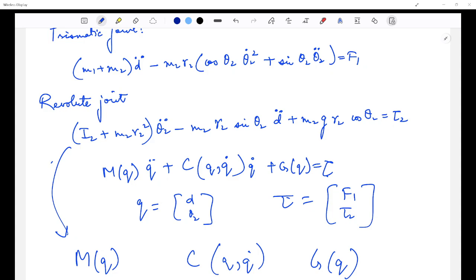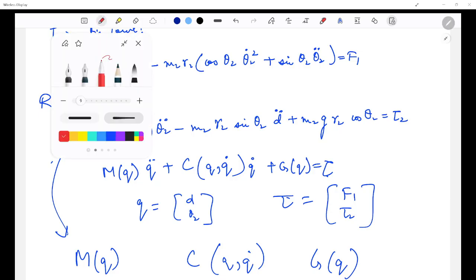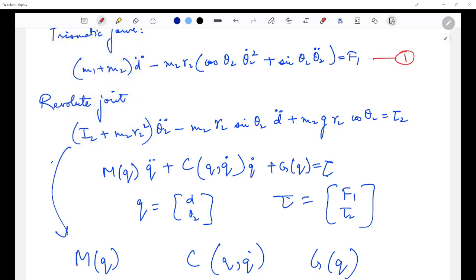No, no, no. So what I'm saying is, this is the first equation, right? And this is the second equation. Now we have to arrange it in such a form that the M(Q) matrix is being multiplied to Q double dot. And what is Q double dot? If Q is this, then Q double dot is d double dot and theta 2 double dot, right? So what would the M matrix be if it has to be, so can you take out theta 2 double dot from here and d double dot from here?